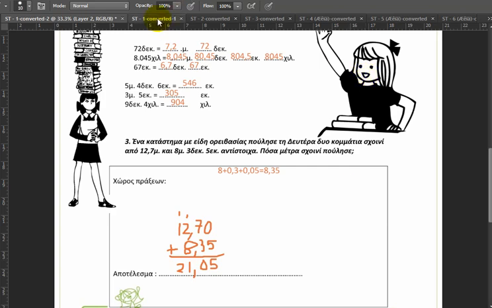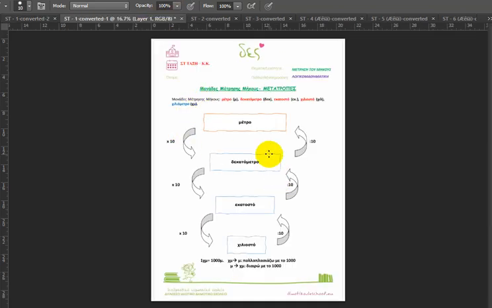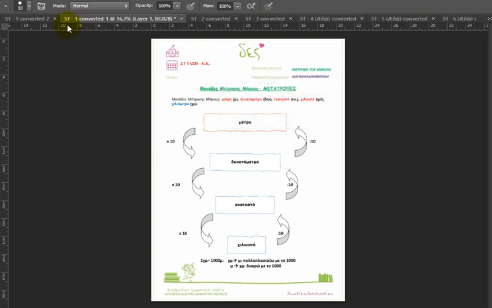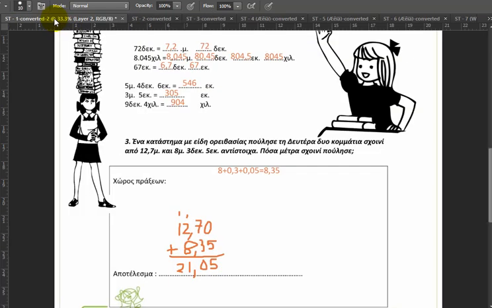Let's move on to the next worksheet. This is theory, actually, so we don't actually need to write anything here. So I'm just going to close this one and this one.